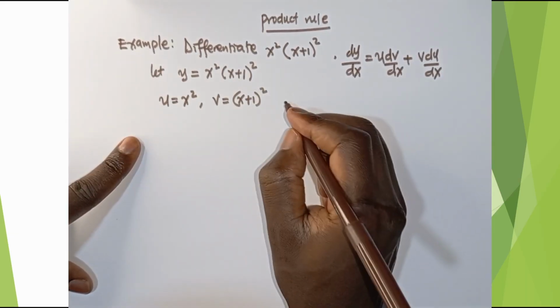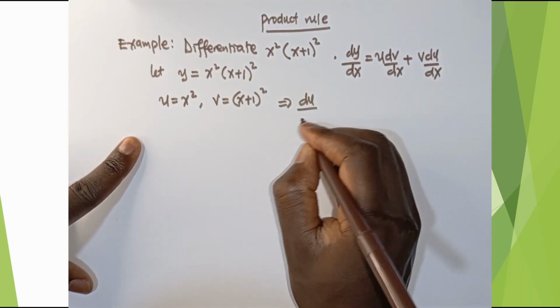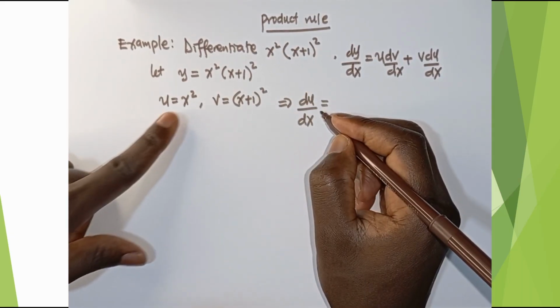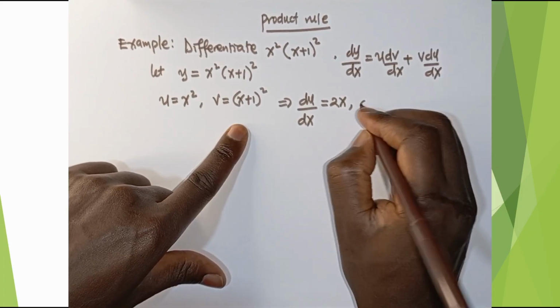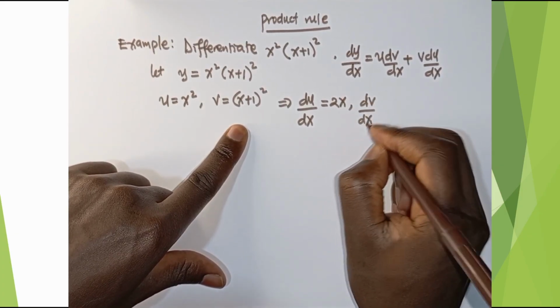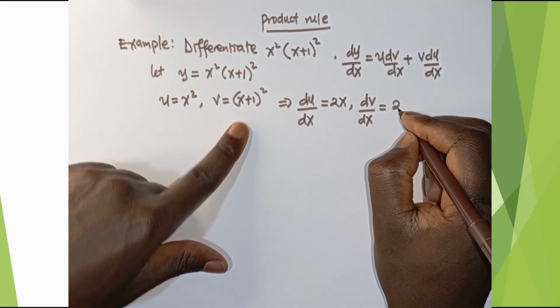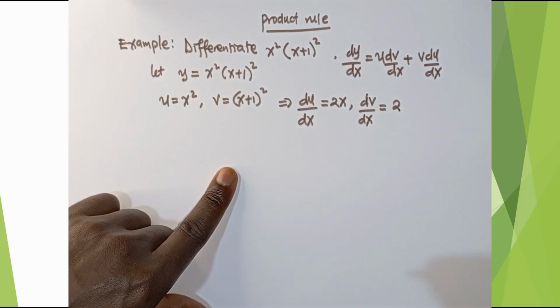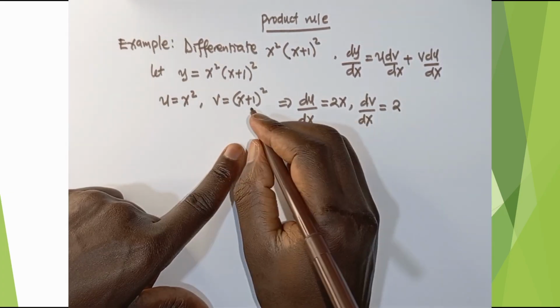So when we differentiate du dx, we shall have 2x. dv dx, when you differentiate v, you'll have 2, simplified chain rule. Check in the link in the description such that you can also see that chain rule.